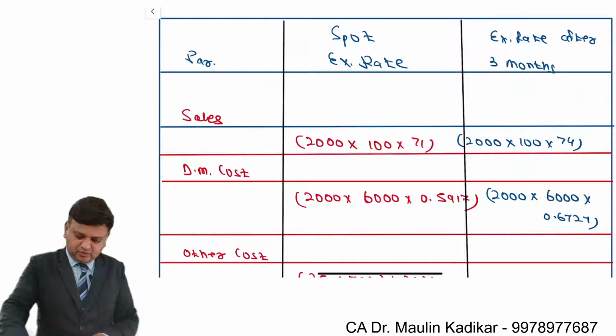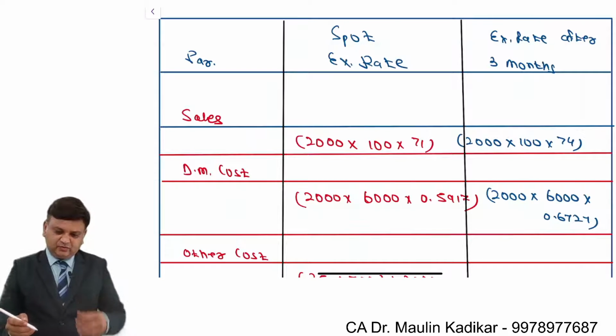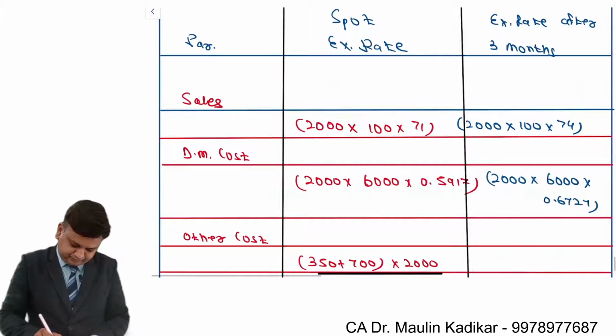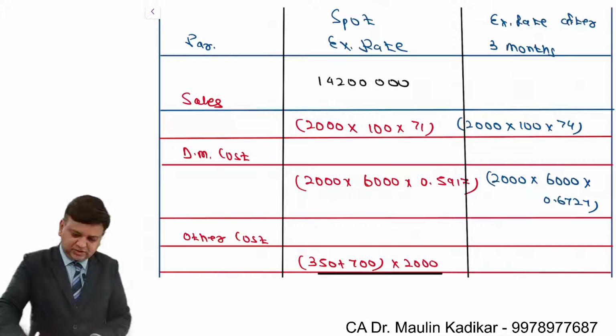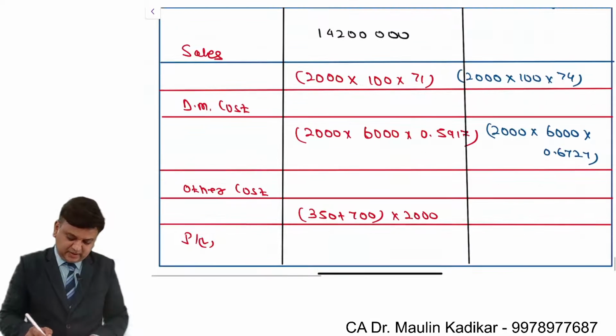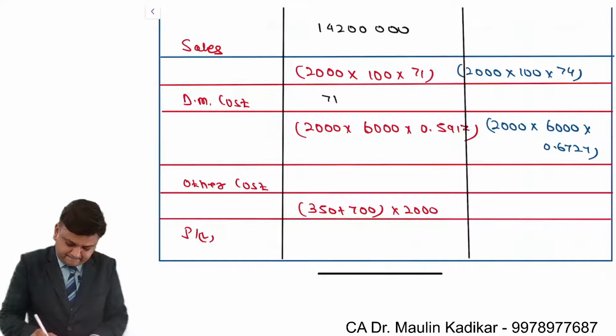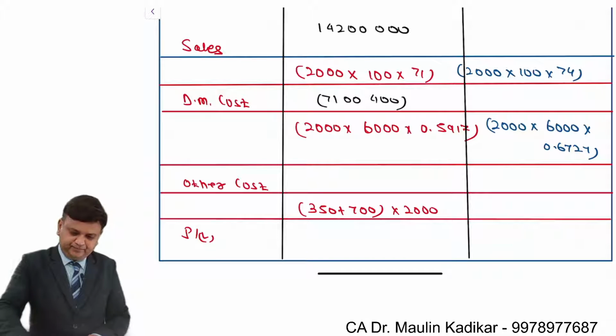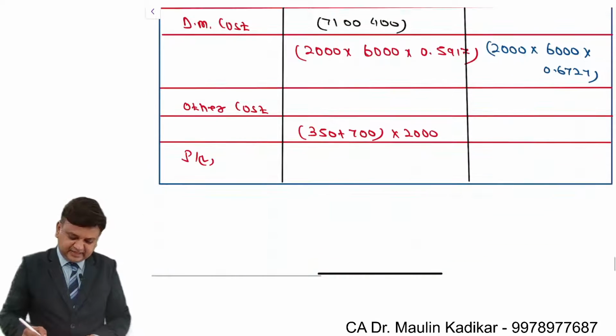So 2000 into 100 into 71, that comes to 142 lakhs. 2000 into 6000 into 0.5917, 71 lakh 400. 350 plus 700, 1050 into 2000, 21 lakhs.